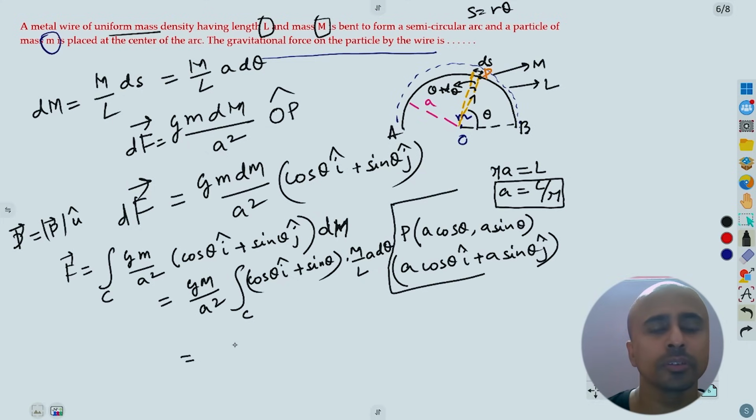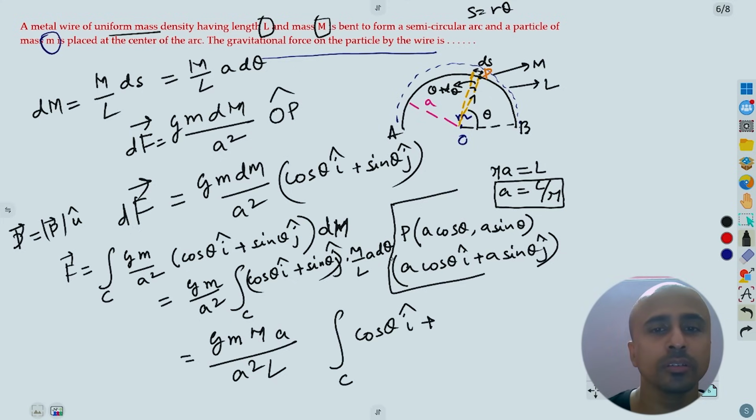So this is basically, I made a mistake here, which is G small m, capital M, a square L, c, cos theta i cap plus sin theta j cap, d theta, okay.